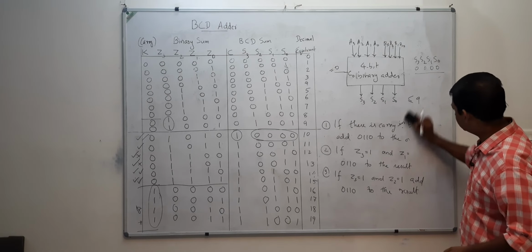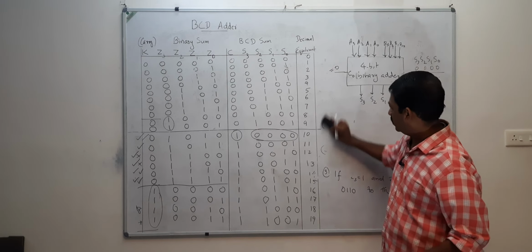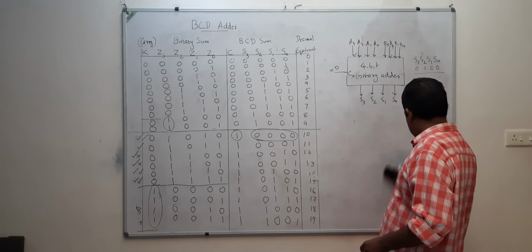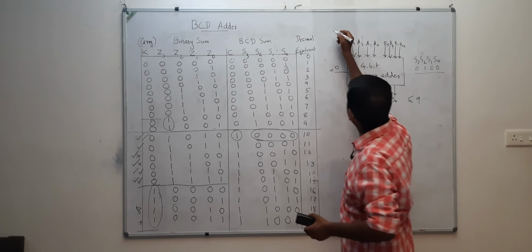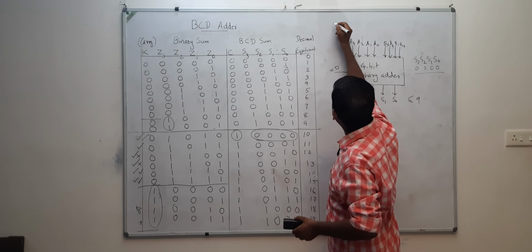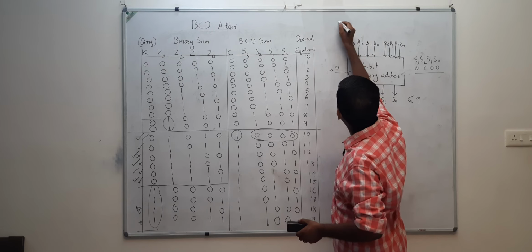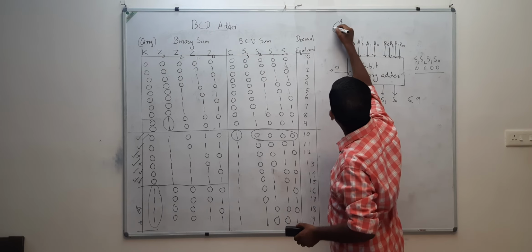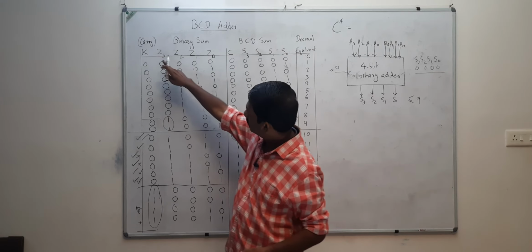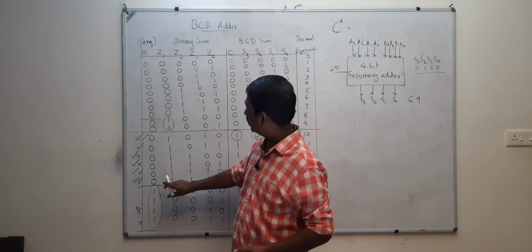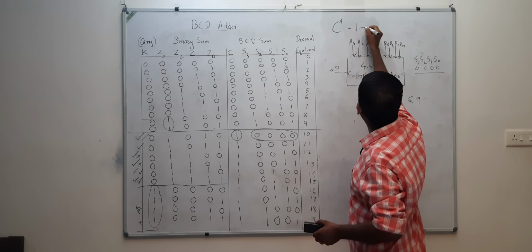Okay. See, now I am going to have these three conditions. I am going to have an expression, say C star is equal to, that means if this K is 1, definitely you have to add.